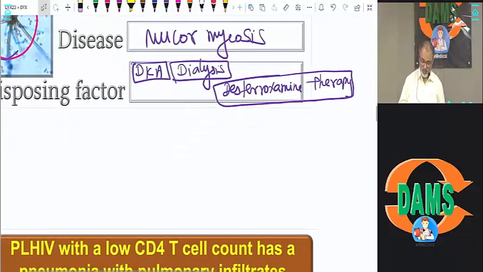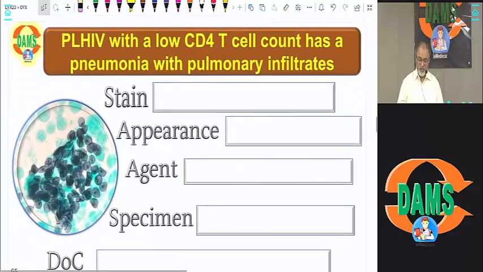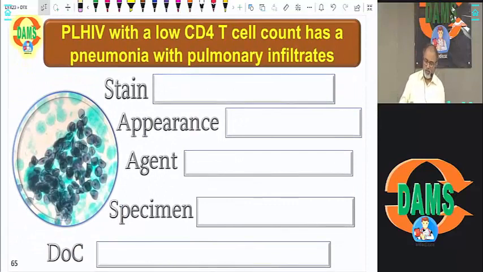Okay. Next is PLHIV with low CD4 count and pneumonia with pulmonary infiltrates. HIV positive and pneumonia, most common cause of fungal pneumonia in HIV positive: Pneumocystis. What is the name of the stain?